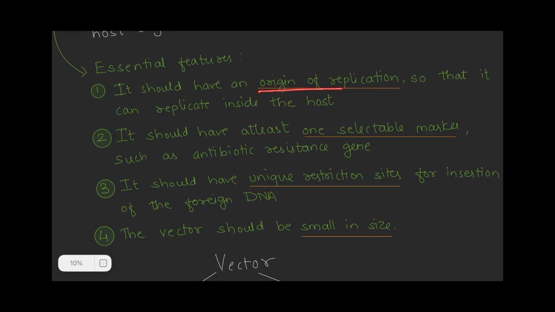Number one, it should have an origin of replication so that it can replicate inside the host. Number two, it should have at least one selectable marker, such as an antibiotic resistance gene. Number three, it should have unique restriction sites for insertion of foreign DNA. Number four, the vector should be small in size.